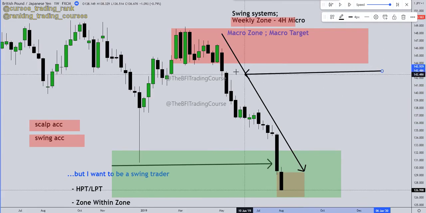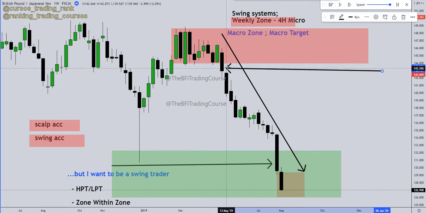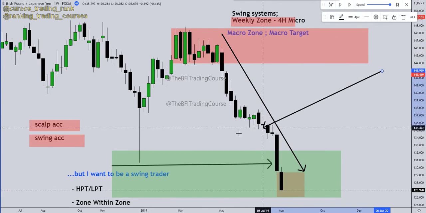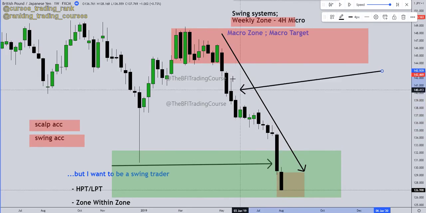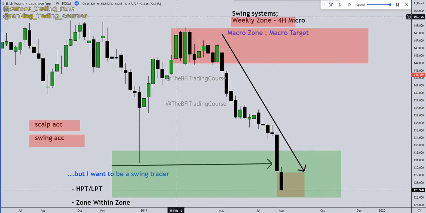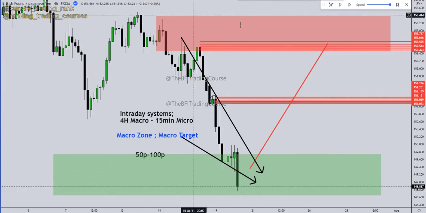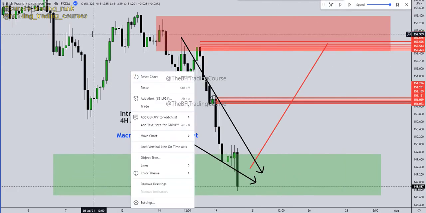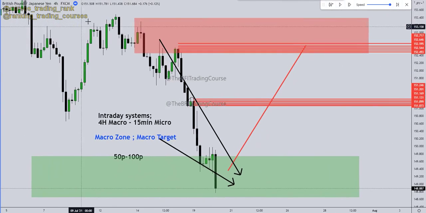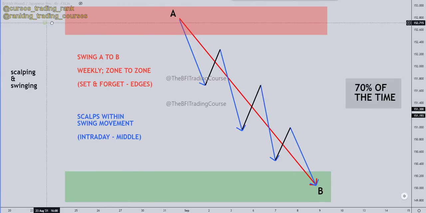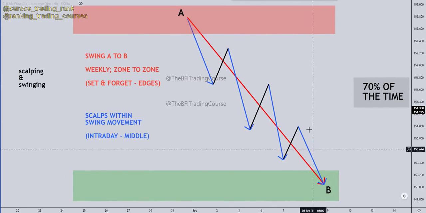Maybe you can trade some 4 hour zones within this weekly impulsive move going to the next weekly zone. The weekly zone to zone, you can, in the meantime, do this type of zone to zone on the 4 hour. So this brings us to the summary of it, which is this A to B move.